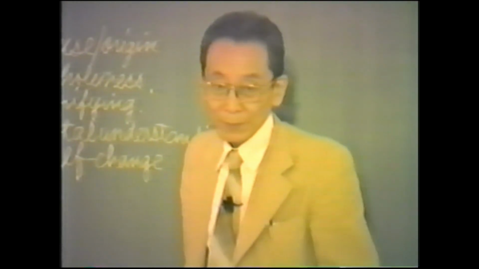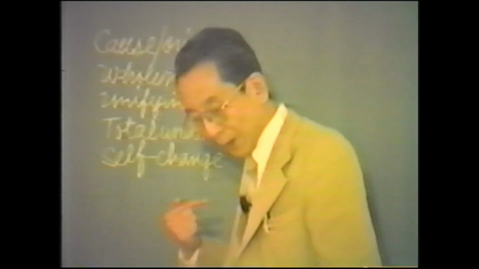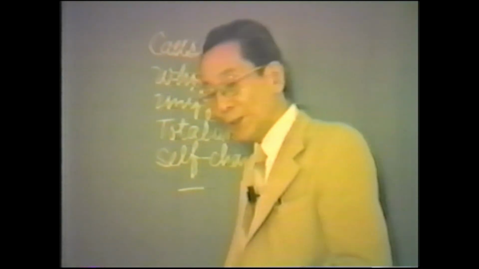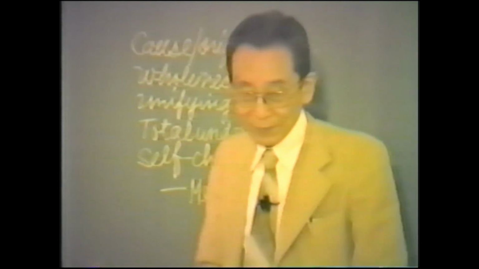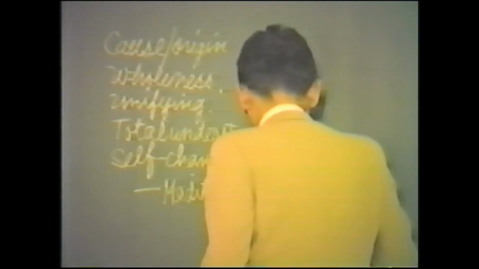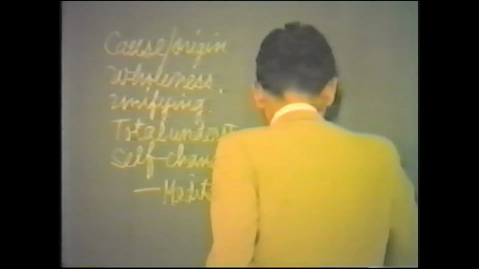That is the cause. So we change ourselves. Self-change. And for that, we may use something like meditation. This case of meditation is not necessarily sitting and doing like that. Meditation means deep insight, self-reflection.